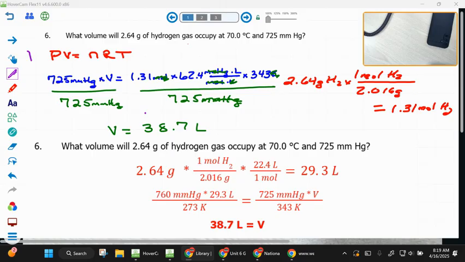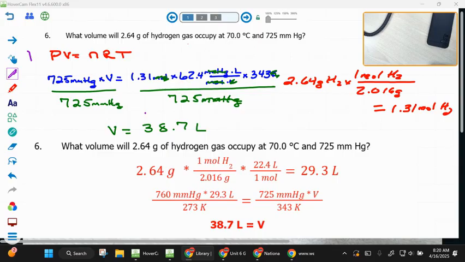You've got grams of a substance, so you can easily get moles. That's an n value. You've got a temperature and a pressure. You are solving for V. Easily done in PV equals nRT. Over here, I took 2.64 grams of hydrogen gas.